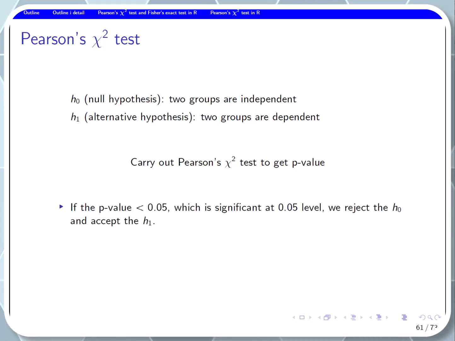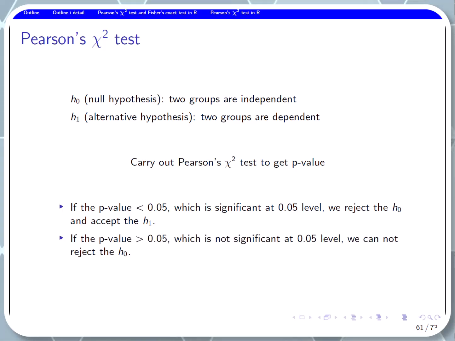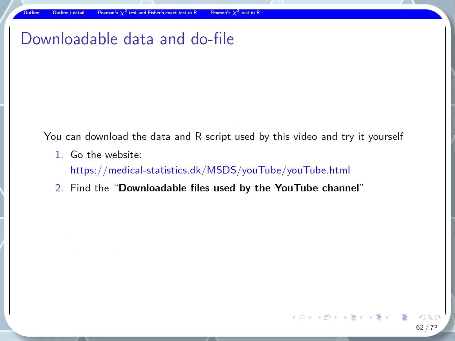If the p-value is smaller than 0.05, which is significant at 0.05 level, we reject the null hypothesis. If the p-value is larger than 0.05, which is not significant at 0.05 level, we cannot reject the null hypothesis. Therefore, we accept the null hypothesis.